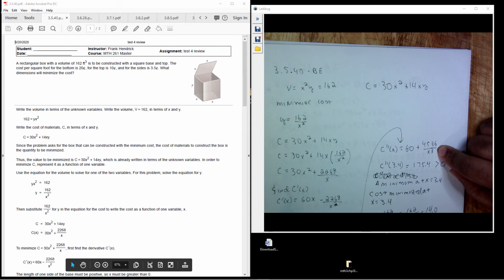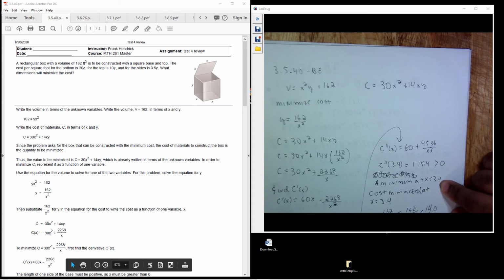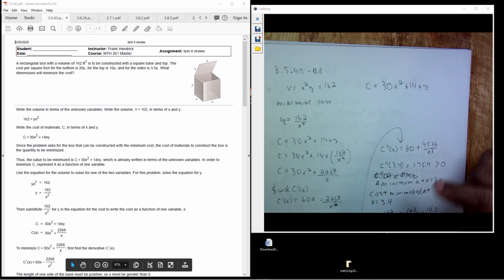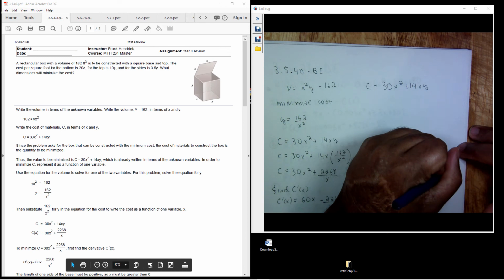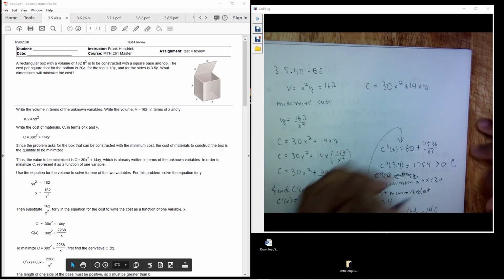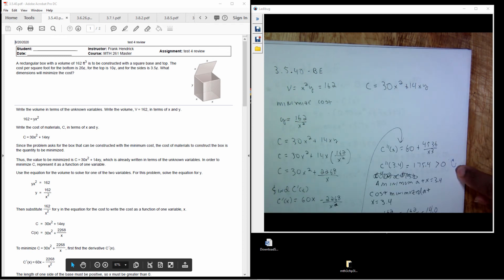And I evaluate it at the critical point, 3.14. When I simplify it, I get a positive number here. So that means that it's going to be a minimum. Because when I have a positive number, that means I have a minimum here at 3.14.